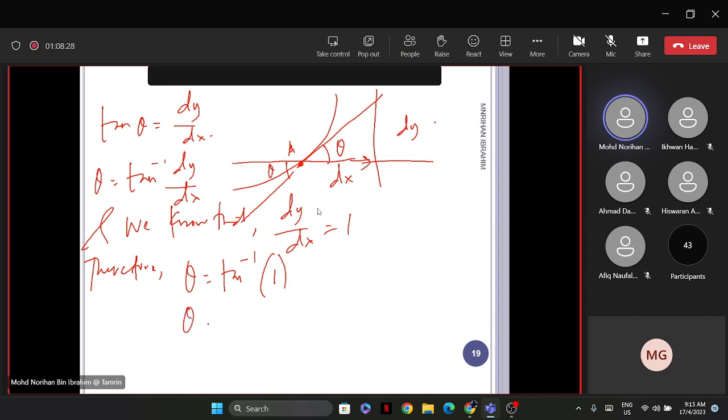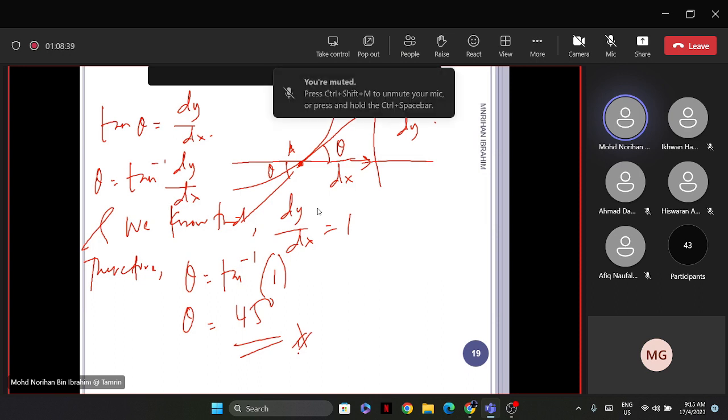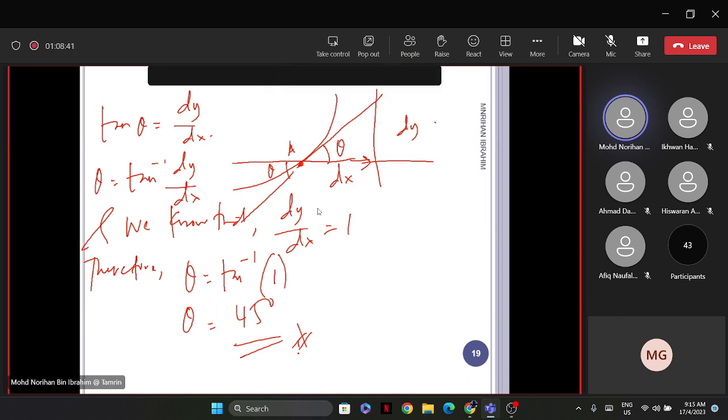So tangent inverse of 1 is equal to 45 degrees. Okay. 45 degrees for this direction. Are there any questions?